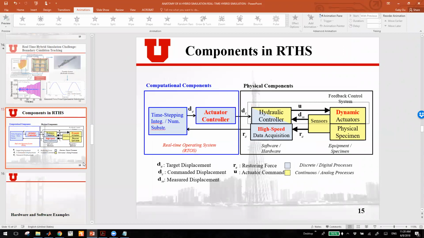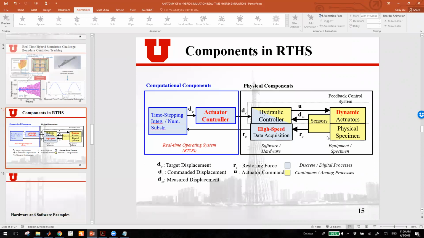And the components in real-time hybrid simulation are slightly different. The reason is the difference between real-time hybrid simulation and hybrid simulation. The first thing is that real-time hybrid simulation runs a 30-second earthquake in a 30-second time frame. So it means that everything you see here needs to run exactly at the sampling frequency of your simulation. Normally this simulation is run at 1000 Hertz.